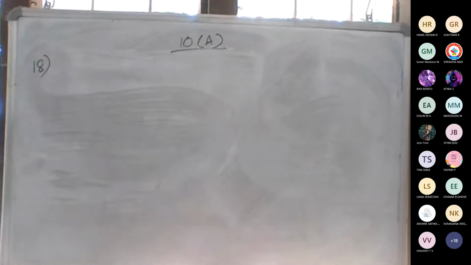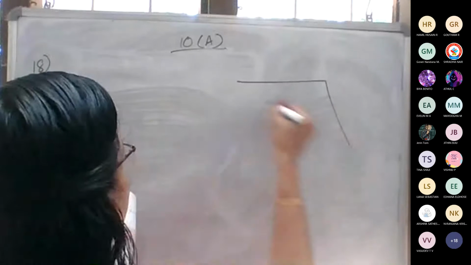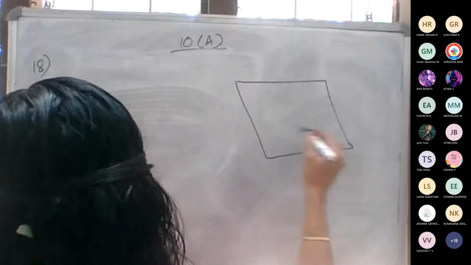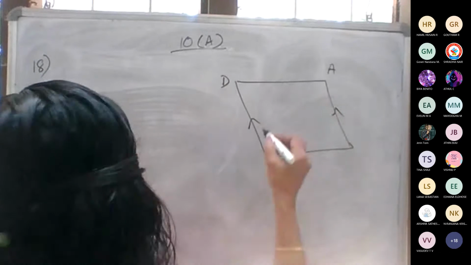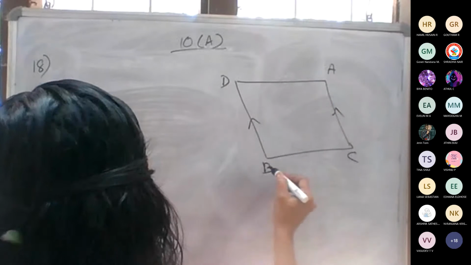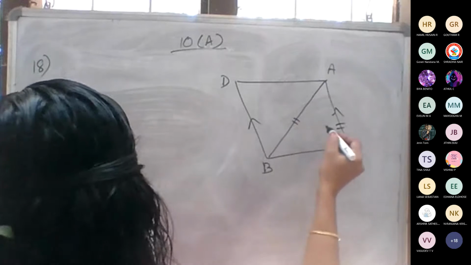In the given figure alongside, AD is equal to AB is equal to AC, BD is parallel to CA, and angle ACB is equal to 65 degrees. Find angle DAC. So the figure: these two are parallel lines, and these sides are equal.